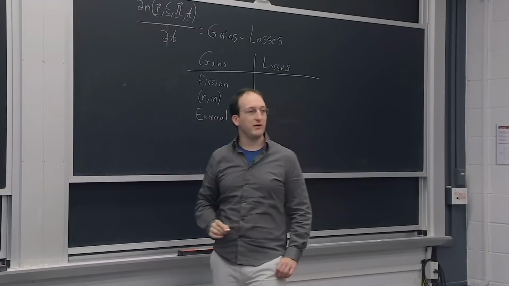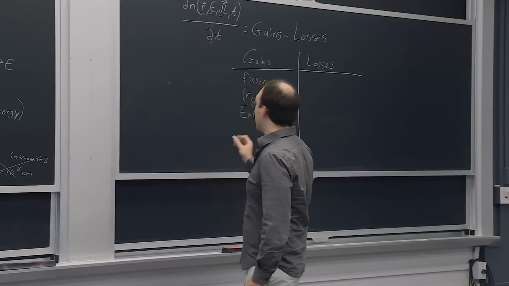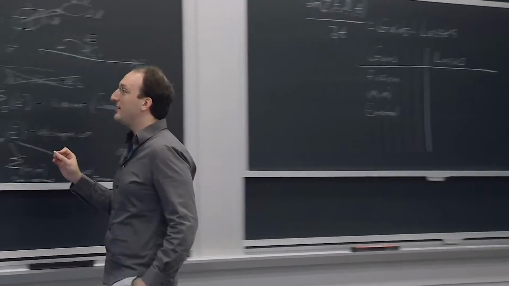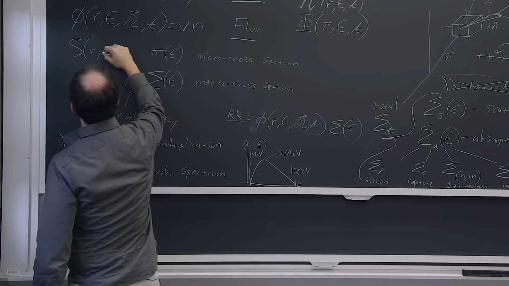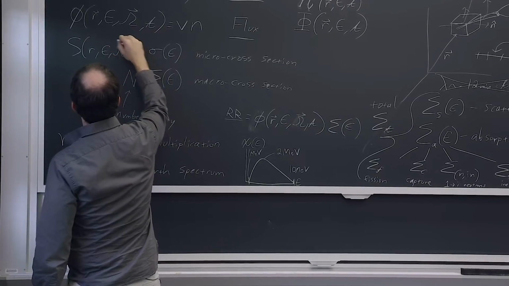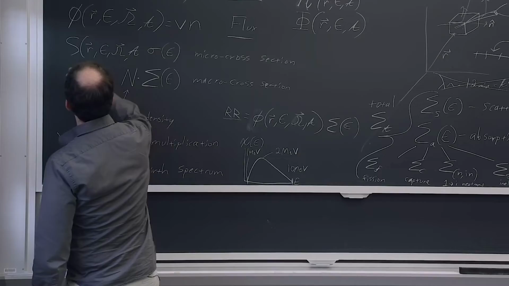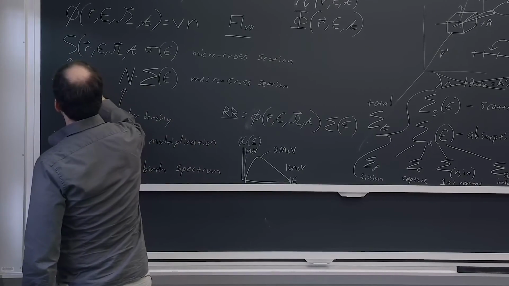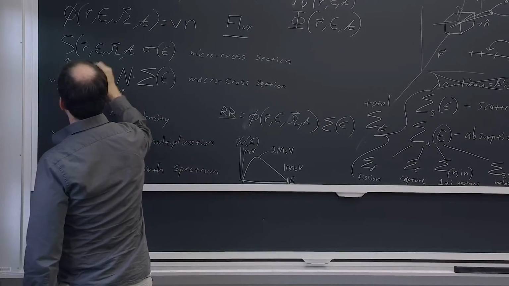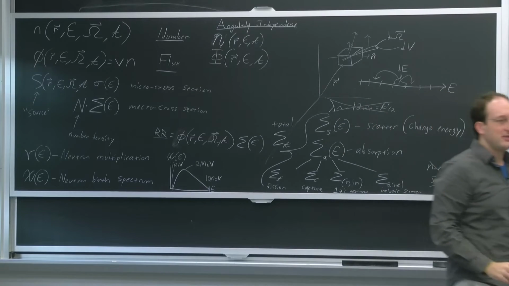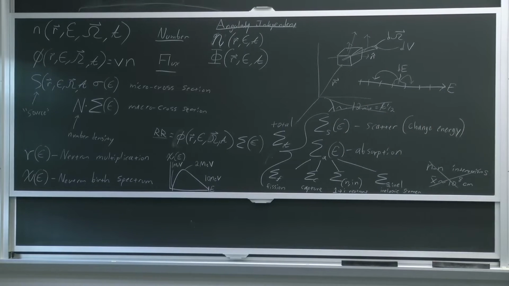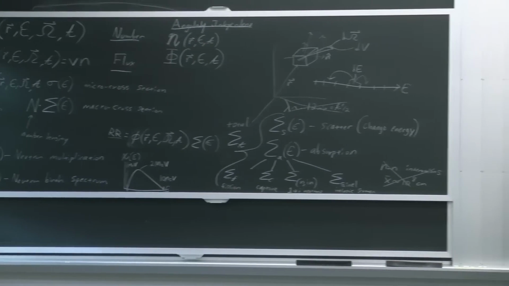In the books and in your reading, you'll just see them treat this external source as some variable S of r, E, omega, t. So you'll just see this treated as S, a source, with no further explanation. It's like, oh, math says that there could be external sources. But I want to tell you where they really come from.